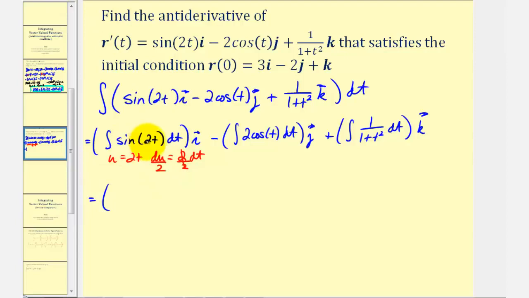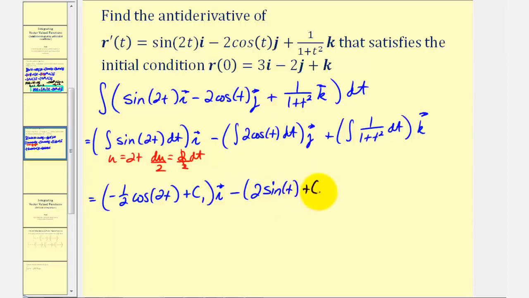And the integral of sine u is negative cosine u, so we'll have negative 1/2 cosine 2t plus c sub 1 times i, minus the integral of 2 cosine t, which will be minus 2 sine t, plus c sub 2 times j.